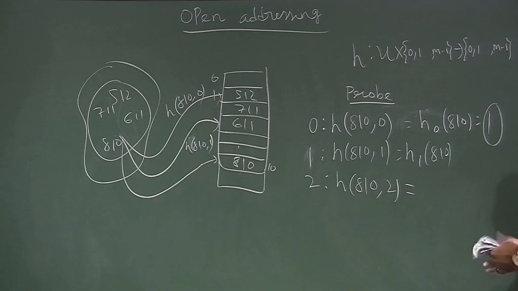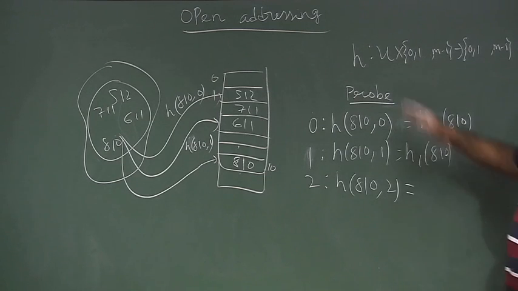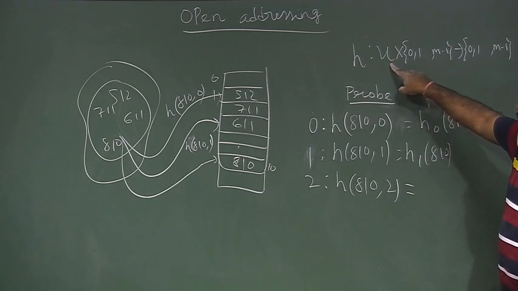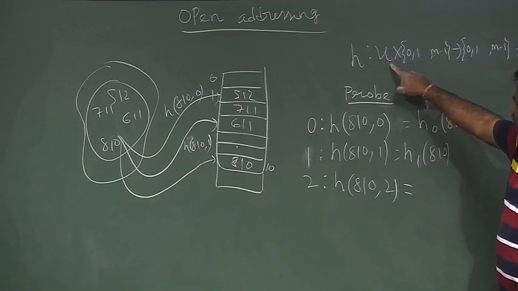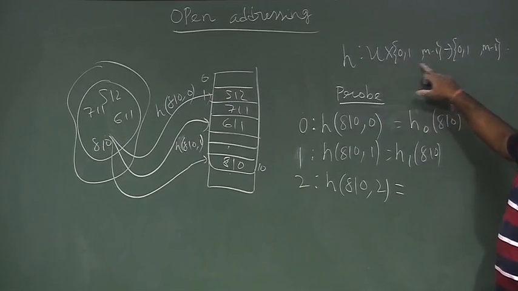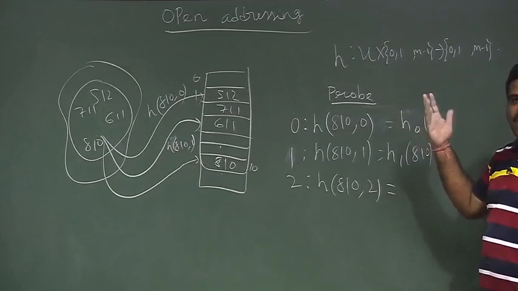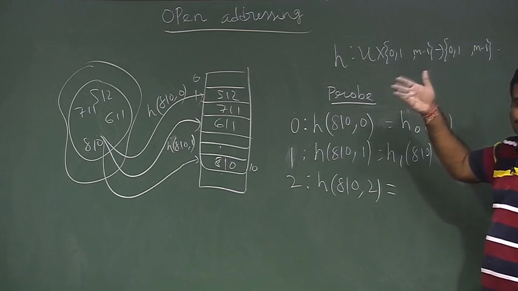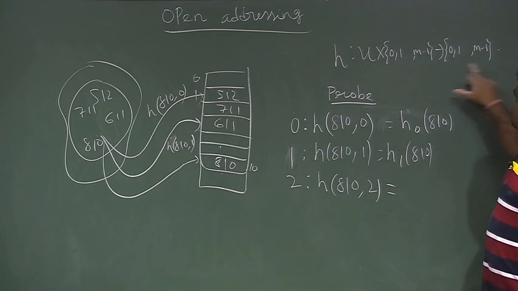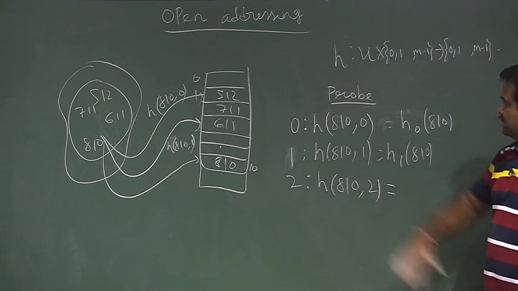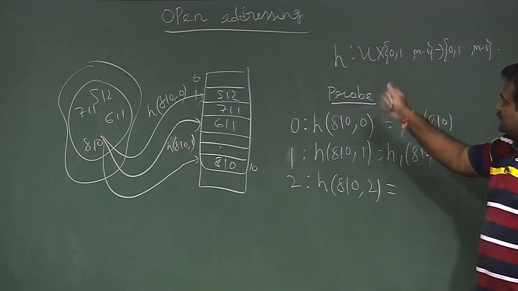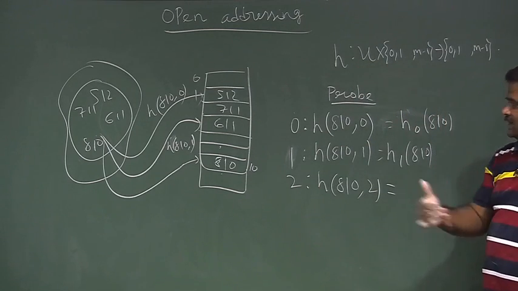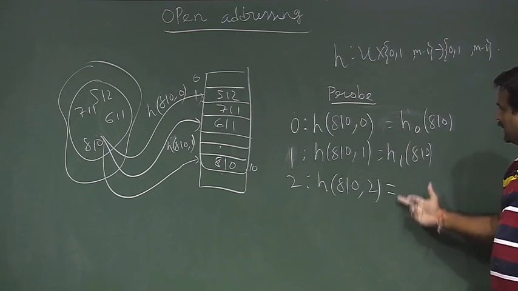Our hash function is defined on U, the universe of keys, with the probe sequence going up to m minus 1, and the slots available are slots 0 to m minus 1. So this is our function. Basically, we have a sequence of hash functions h0, h1 like this.